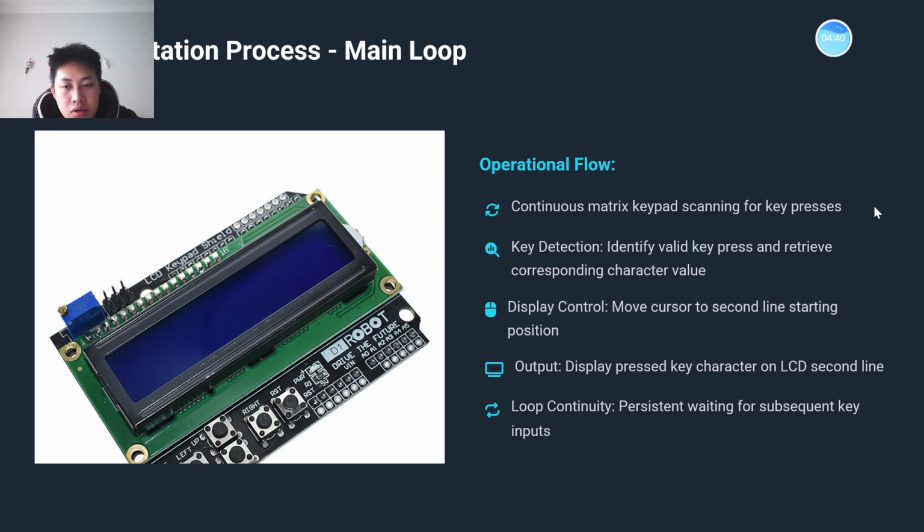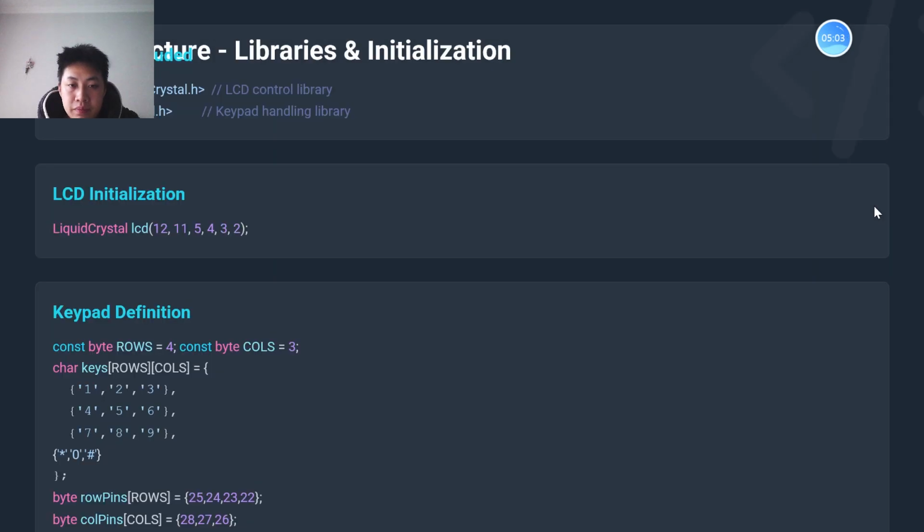For display control, move the cursor to the second line starting position and output, displaying the pressed key character on the LCD second line. The loop continues, persistently waiting for subsequent key inputs.